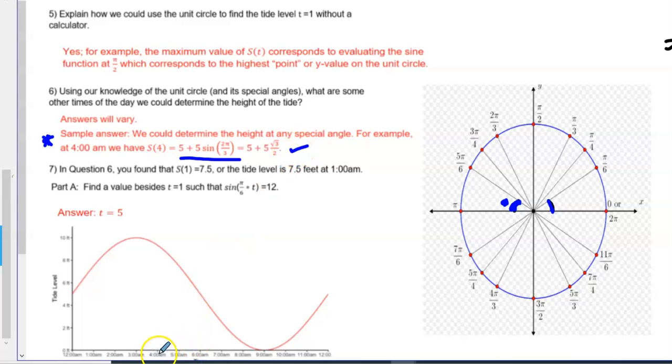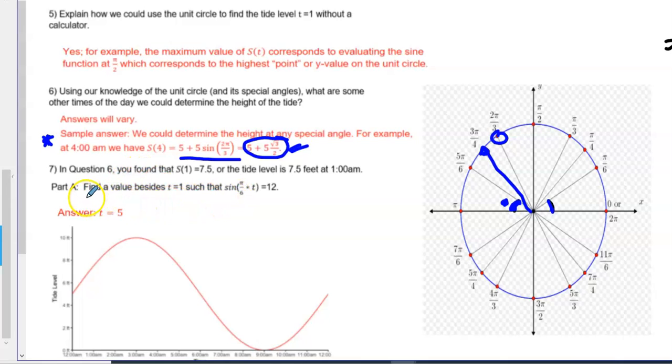We could put t equals anything, like 7, and we are going to get an answer. But that must be based on your knowledge of the unit circle. Because 2 pi on 3, we can easily locate on the unit circle somewhere here. And so you want to find a time that will give you something like 3 pi on 4, and you can find the exact value of the sine of that, and then you calculate it.